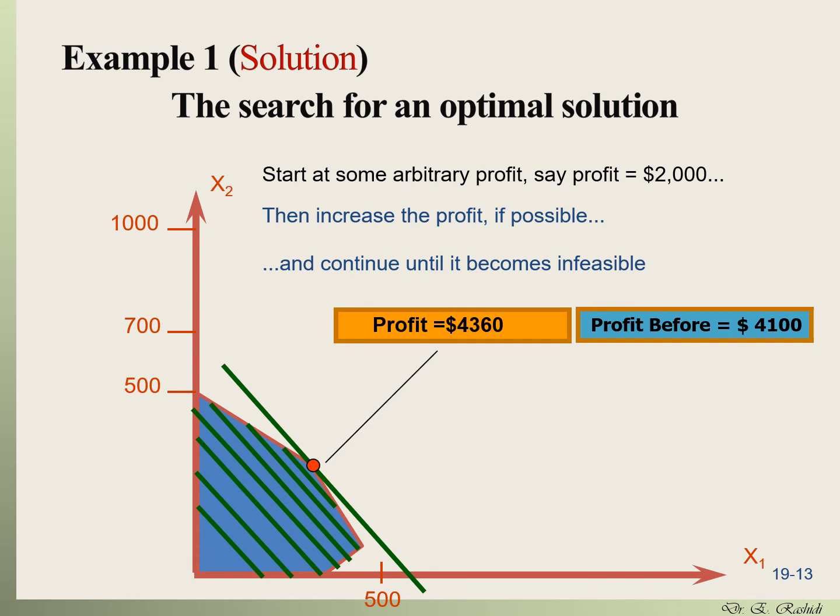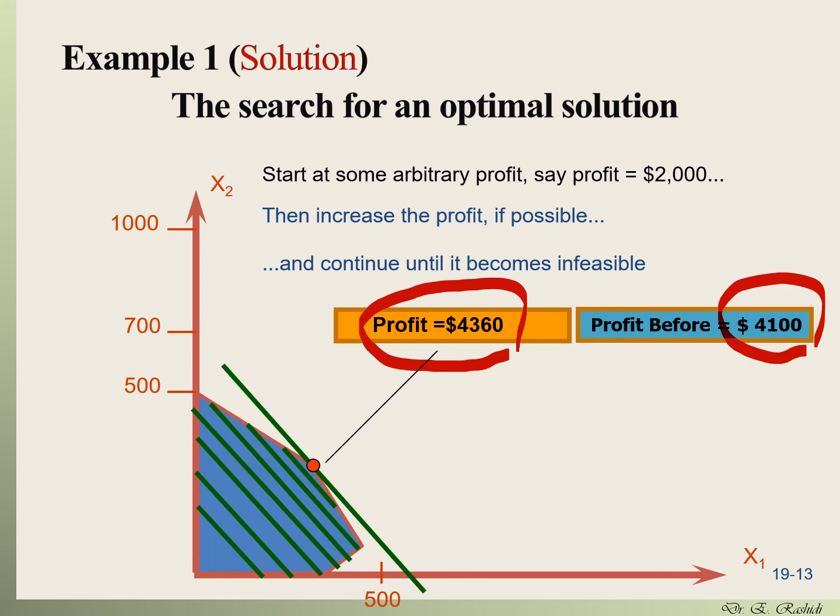So what is the optimal solution? The maximum profit would be $4,360, which is $260 more than what the manager's current production plan is making for the company.